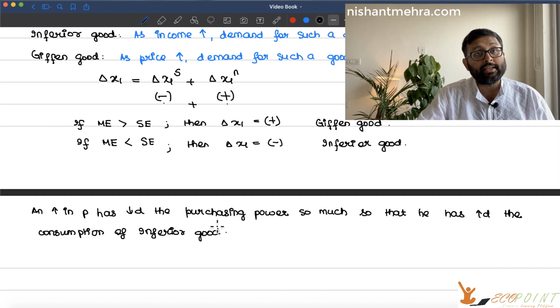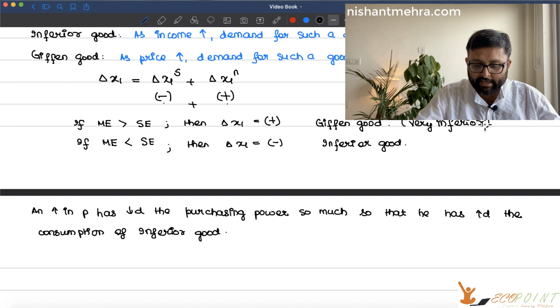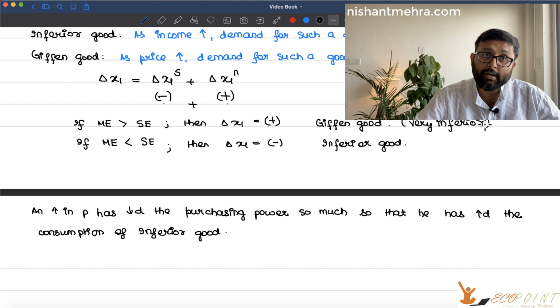So Giffen good is a very inferior good, not only inferior. It has to be very inferior. So Giffen good is also an inferior good, but an inferior good may not be a Giffen good. Giffen good will be an inferior good, yes.